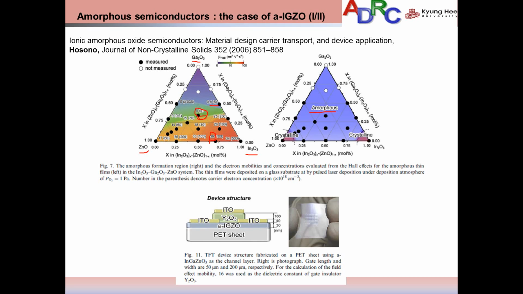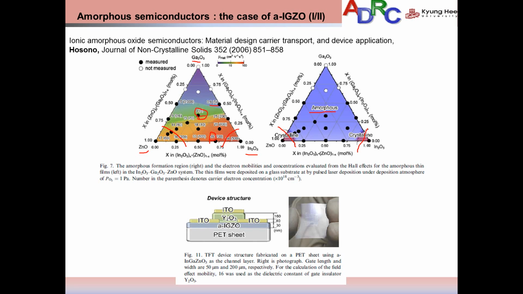And when we just have indium oxide or zinc oxide, these materials are crystalline, and this impacts, of course, the mobility. As we can see, the mobility was higher when we had only the indium oxide or the zinc oxide, but in the case of the amorphous state, the mobility was a little bit lower.